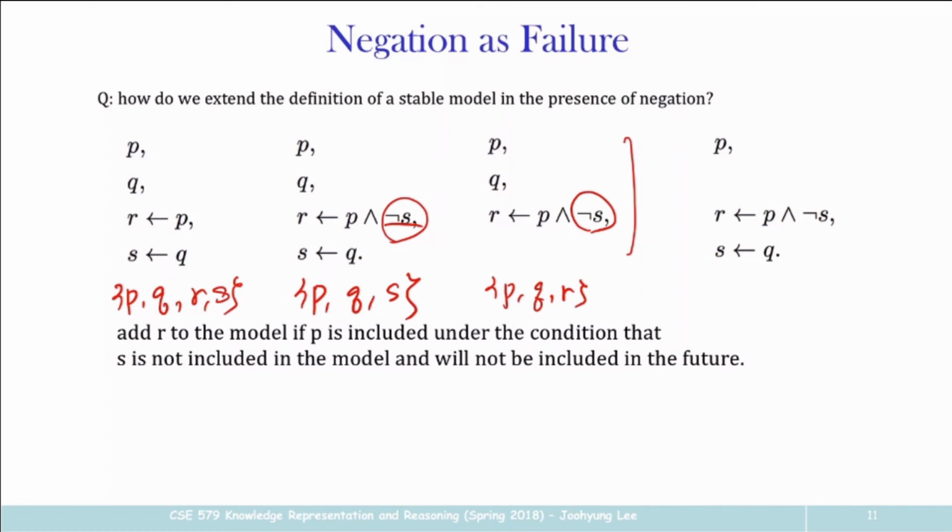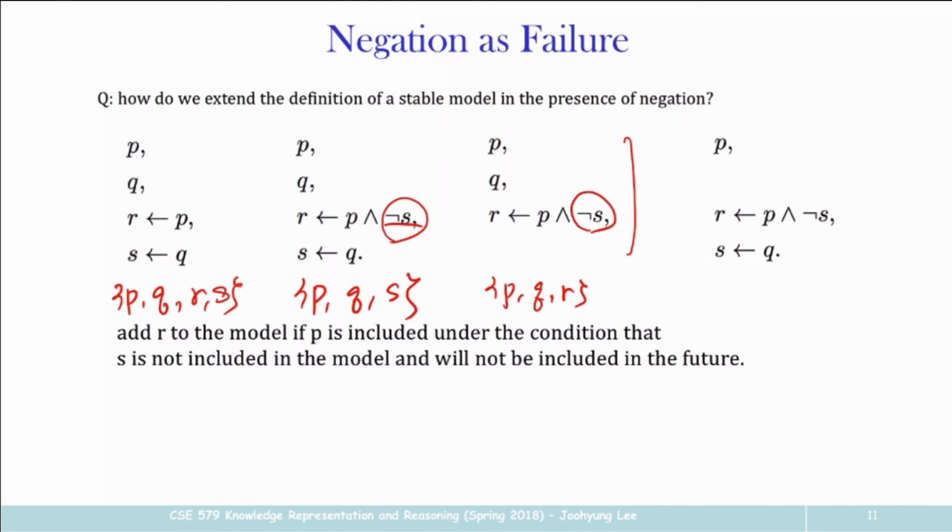So those atoms that can be in the stable model always come from the head. But S does not even occur in the head, so there is no chance that S can be proven, or S can be generated. So remember, this rule is generating the set of atoms in a bottom-up way.